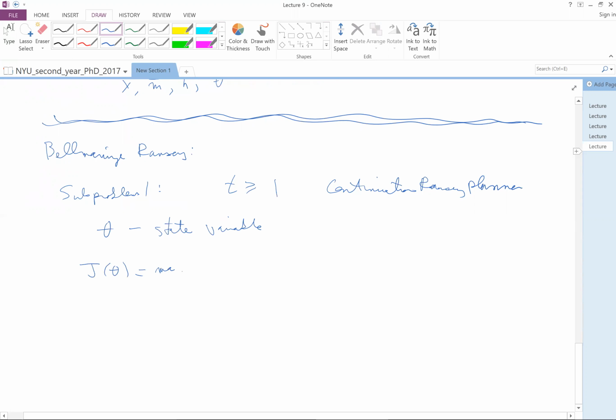And the Bellman equation for the continuation Ramsey planner is going to be this. It's going to be the maximum over an X, an M, an H, and a theta prime of this object: U of f of X plus V of M, real balances, plus beta J, a continuation theta, and subject to these constraints.